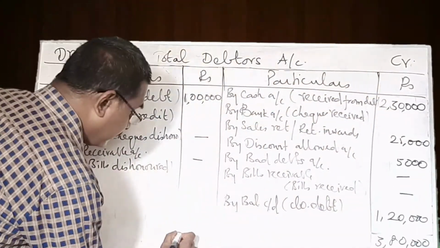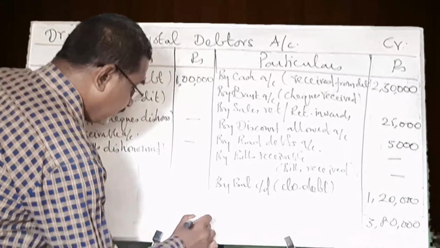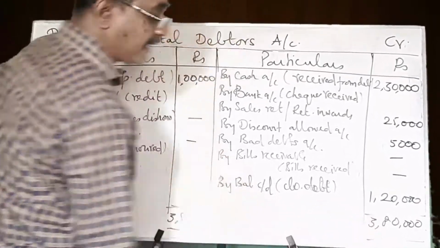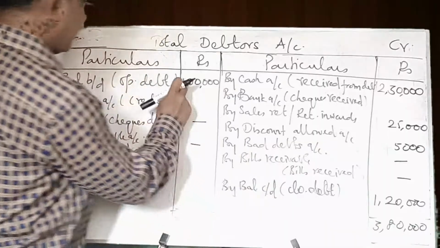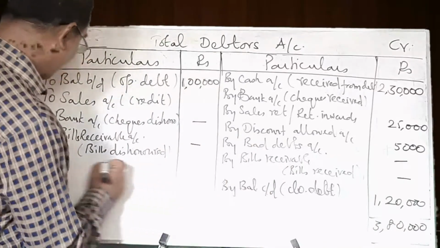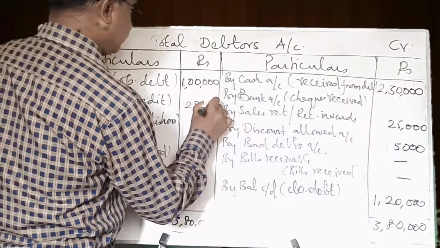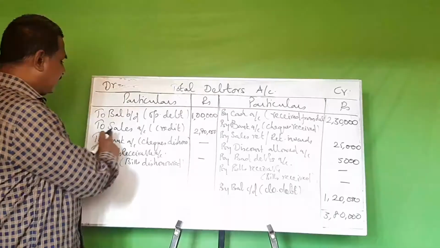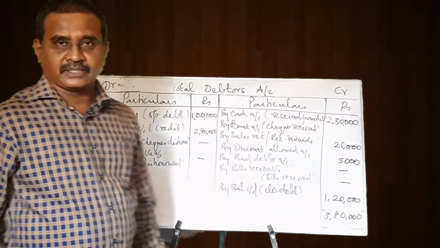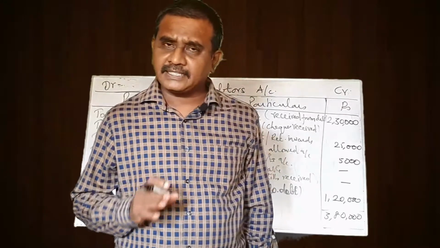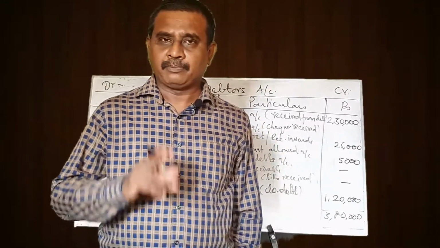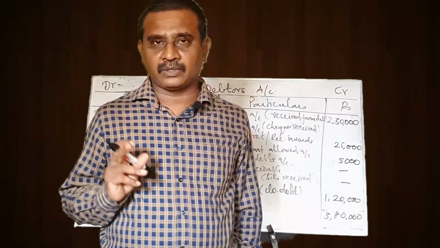3,80,000. This total is 3,80,000. From that we subtract 1 lakh and I get sales 2,80,000. The credit sales comes to 2,80,000. See, if credit sales is asked, you have to prepare the total debtors account.